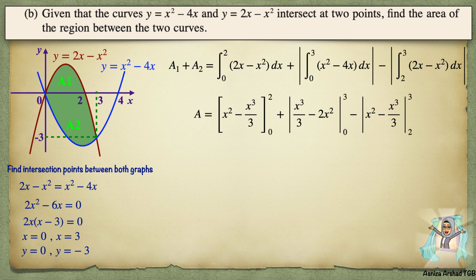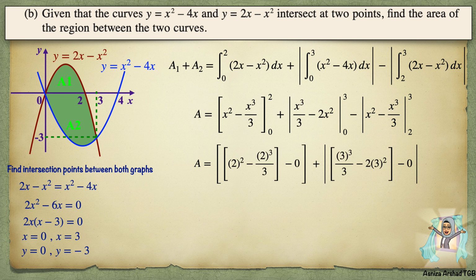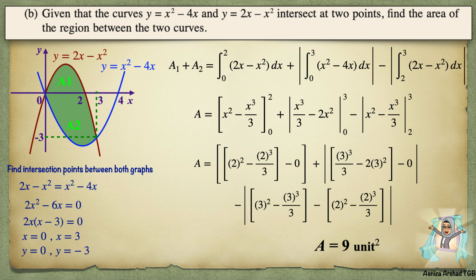Let's calculate. Substitute the upper limits minus the substitution of the lower limits. So we have found the area of the shaded region as 9 square units.